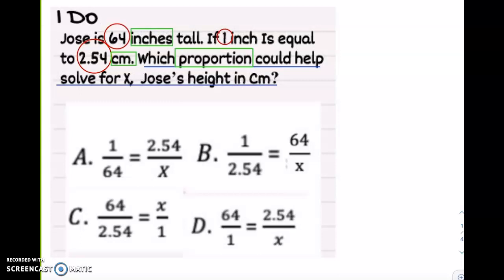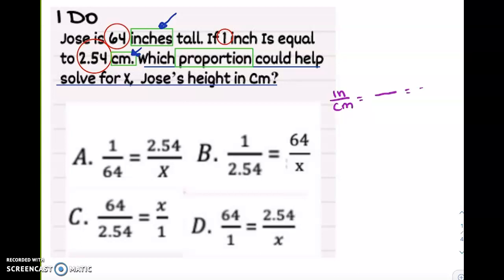And in this case, the units that we are talking about are inches and centimeters. So therefore, I'm going to write my proportion as inches over centimeters.